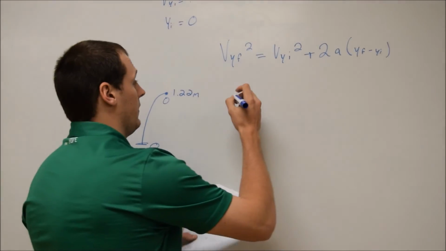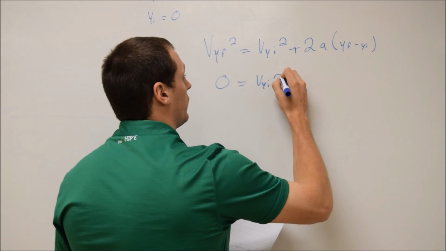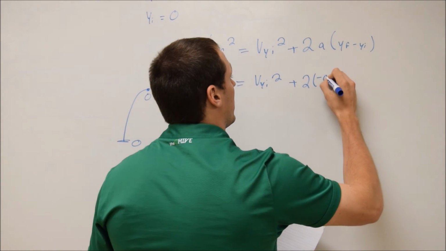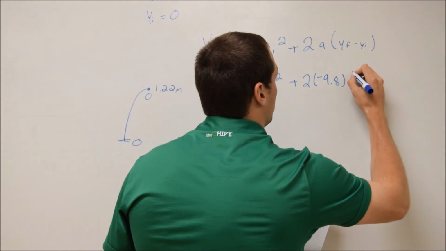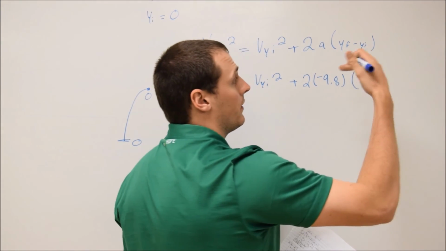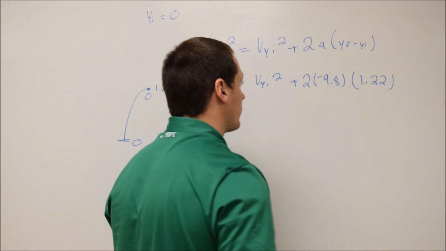So we have 0 is equal to the Vy initial squared plus 2 times acceleration, which is negative 9.8, multiplied by y final minus the y initial, which is just the 1.22 meters.